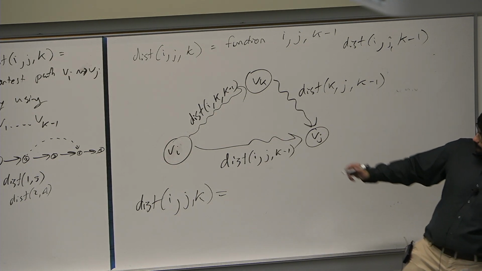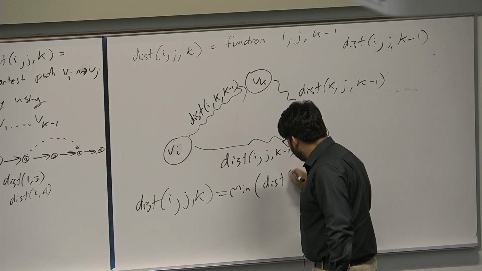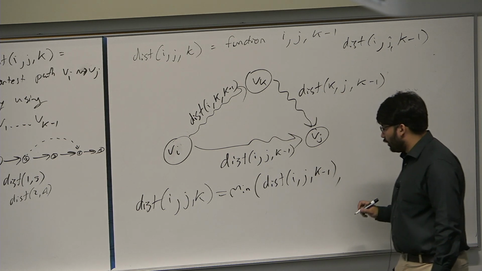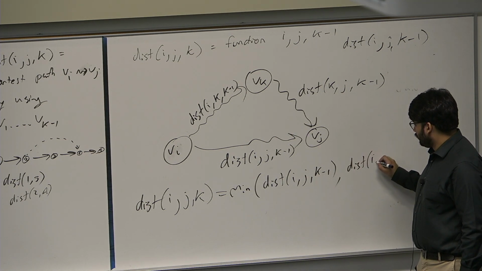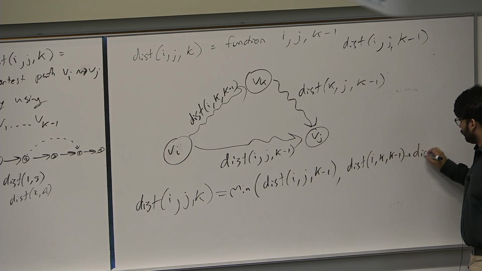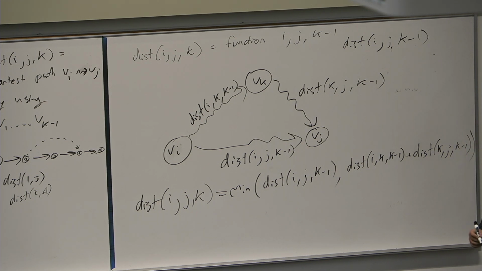It's the min of dist ij k minus 1, or dist ik k minus 1 plus dist kj k minus 1. Okay, that's the answer.